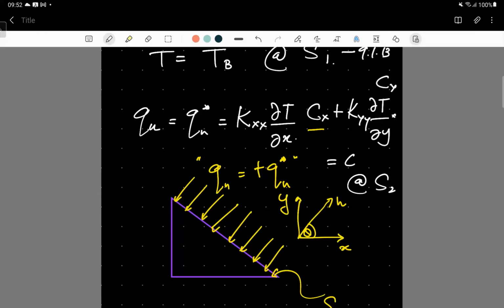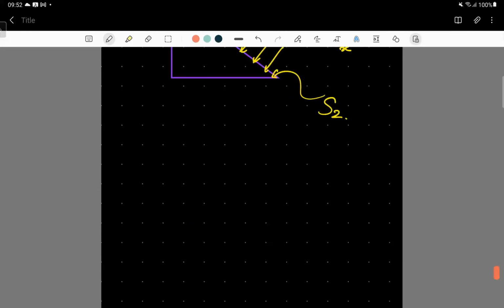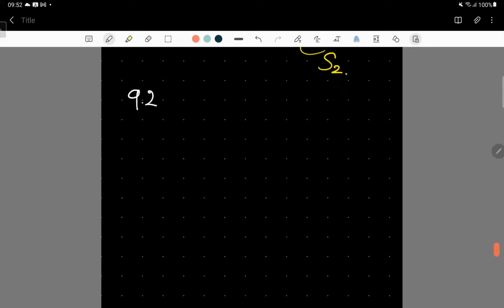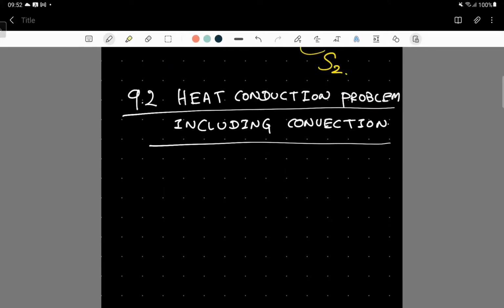So let's consider the heat transfer problem with convection. We need to consider a solid which is in contact with a free flowing fluid. At the solid to fluid interface, there is heat transfer taking place in the form of convection. It can be a forced convection or a free convection.